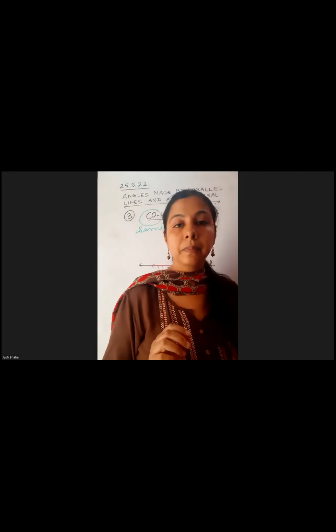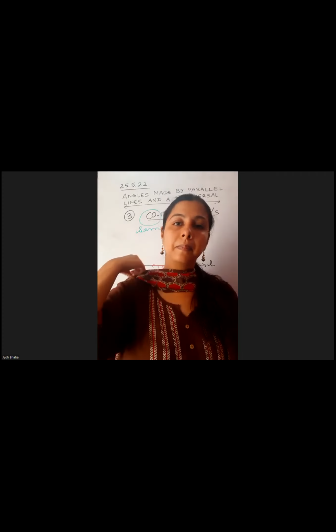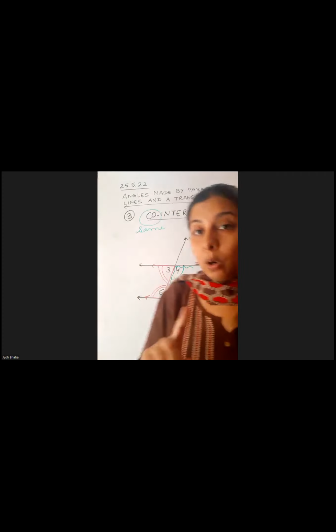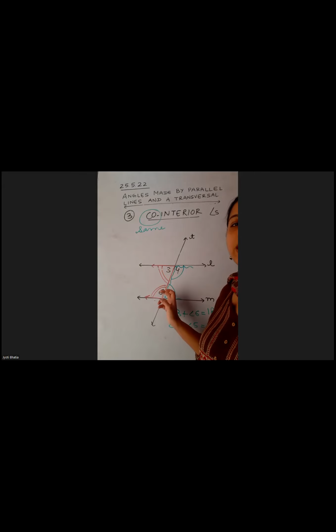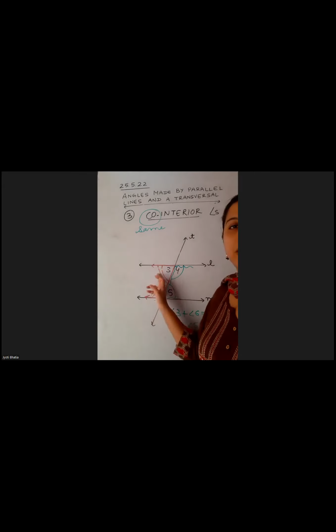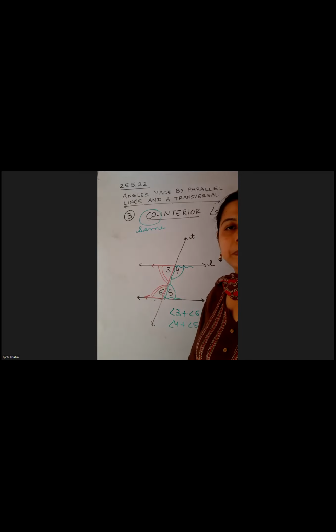Co-interior angles will be supplementary and alternate angles will be equal. 3 and 5 will be equal, but 3 and 6 will be supplementary. Okay?